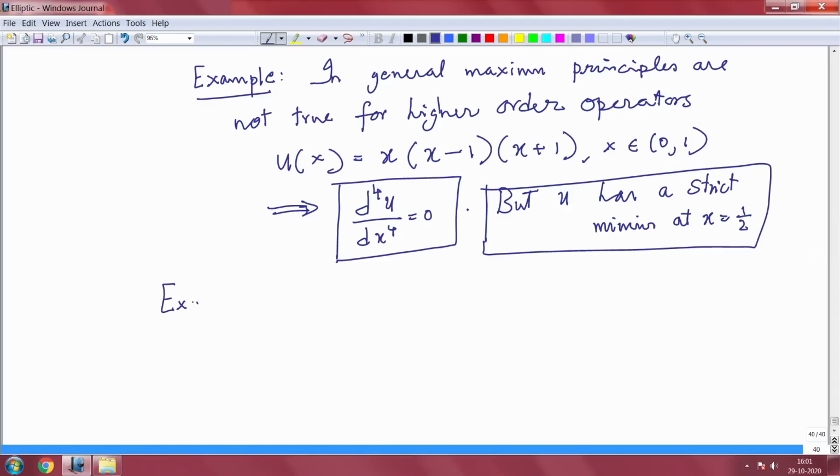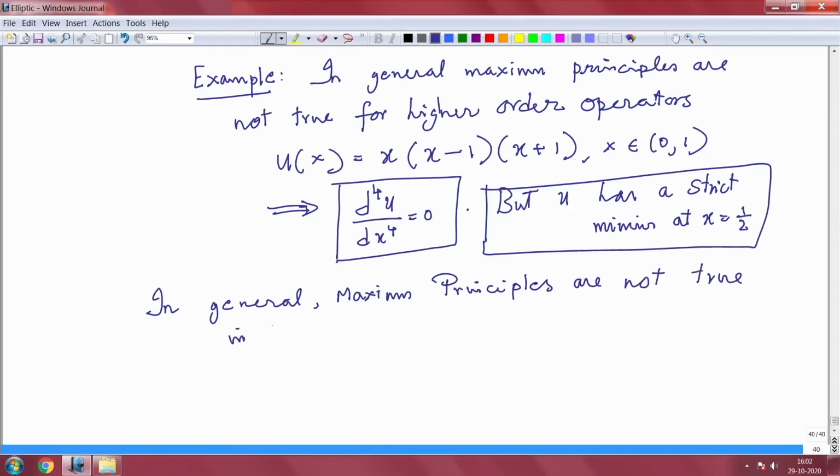So, let me also write in general: maximum principles are not true in unbounded domains.